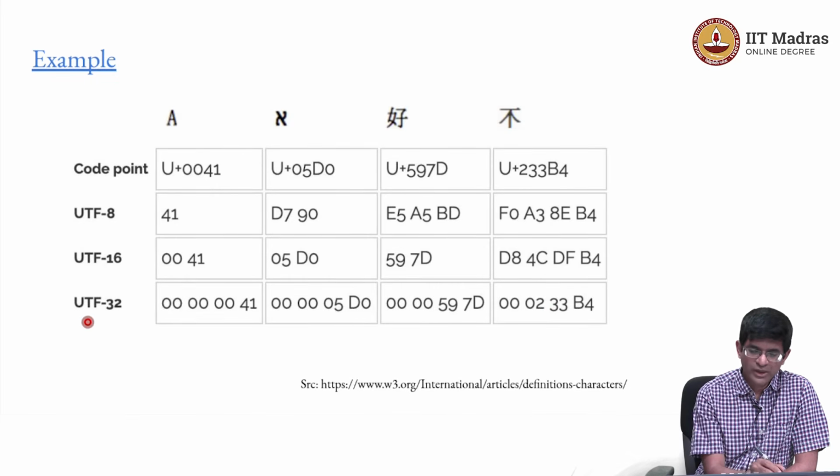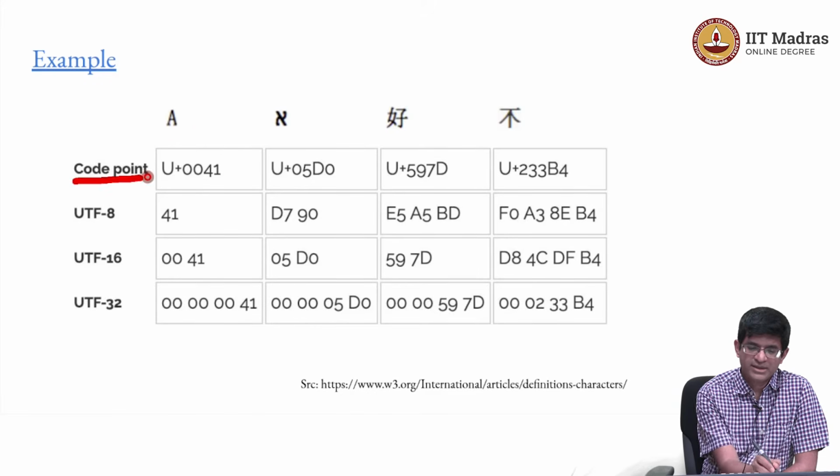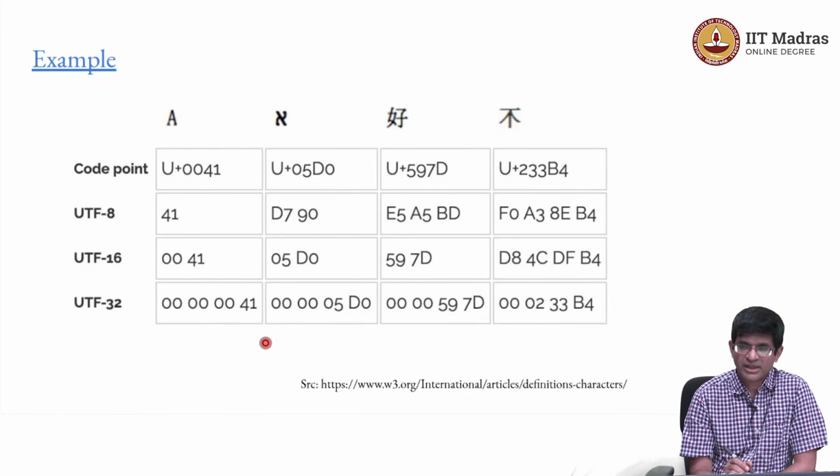So the UTF-32 or UCS4 representation of these code points is very simple. It's basically the code directly converted into a 32-bit hexadecimal number, put zeros in front.